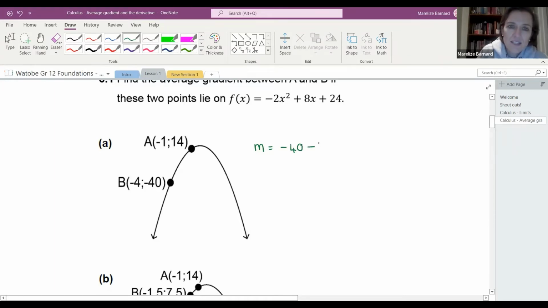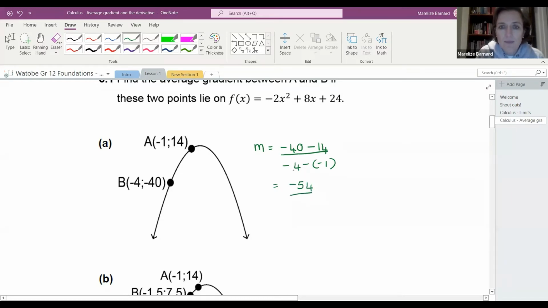So minus 40, minus 14 over minus 4, minus 1. So minus 40 minus 14 is going to be negative 54.